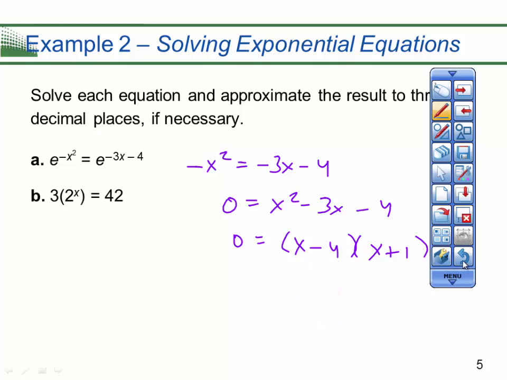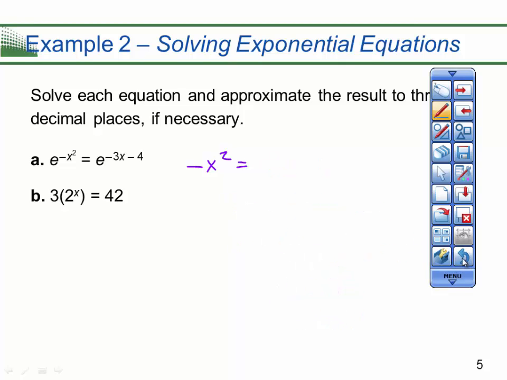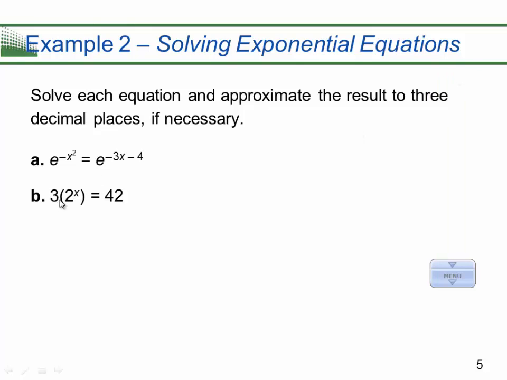Okay. Now, we're also going to do one like B, where we have 3 times 2 to the x power equals 42. Obviously, we want to divide both sides by 3 first, and that gives us 2^x equals 42 divided by 3, 14. Okay, now we're going to try to rewrite 14 as an expression of 2 to an exponent.